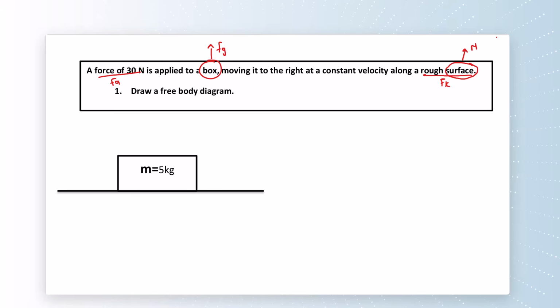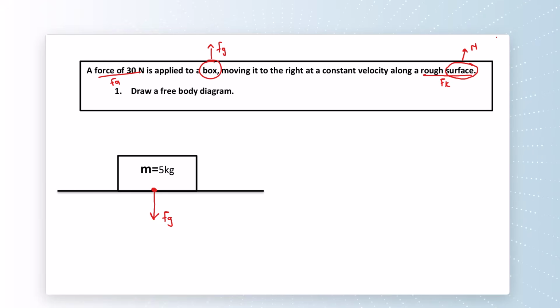You just go to the diagram and label them. The first force that you don't want to miss, even if you are confused, is the gravitational force, because it doesn't matter what object we're talking about, it must have Fg. Another force that you can't miss, if an object is on a surface or along a surface, is the normal force.